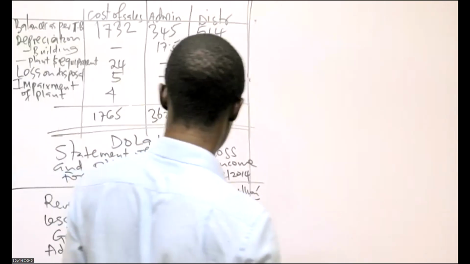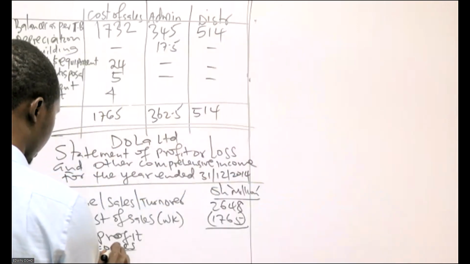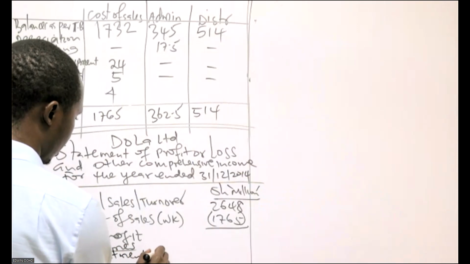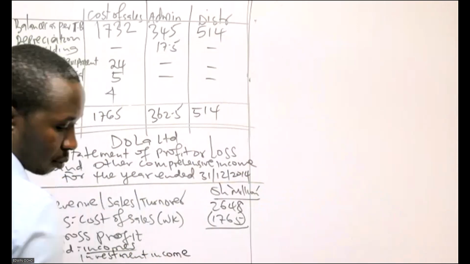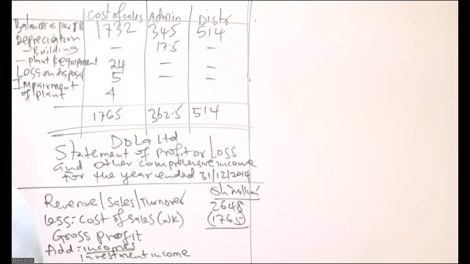I can see these incomes like investment income. Let me start with the one in the trial balance, rental income.